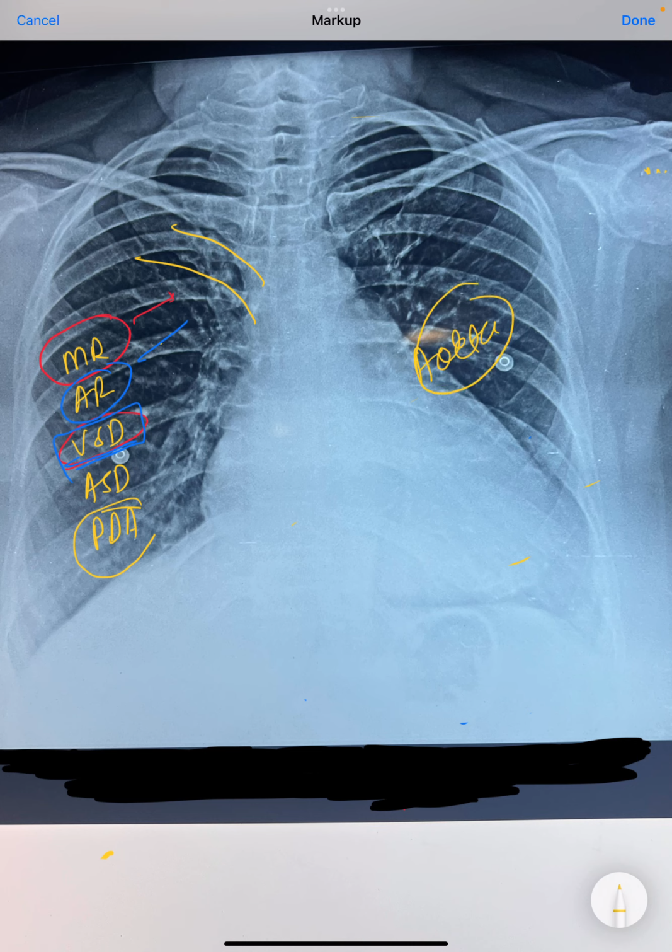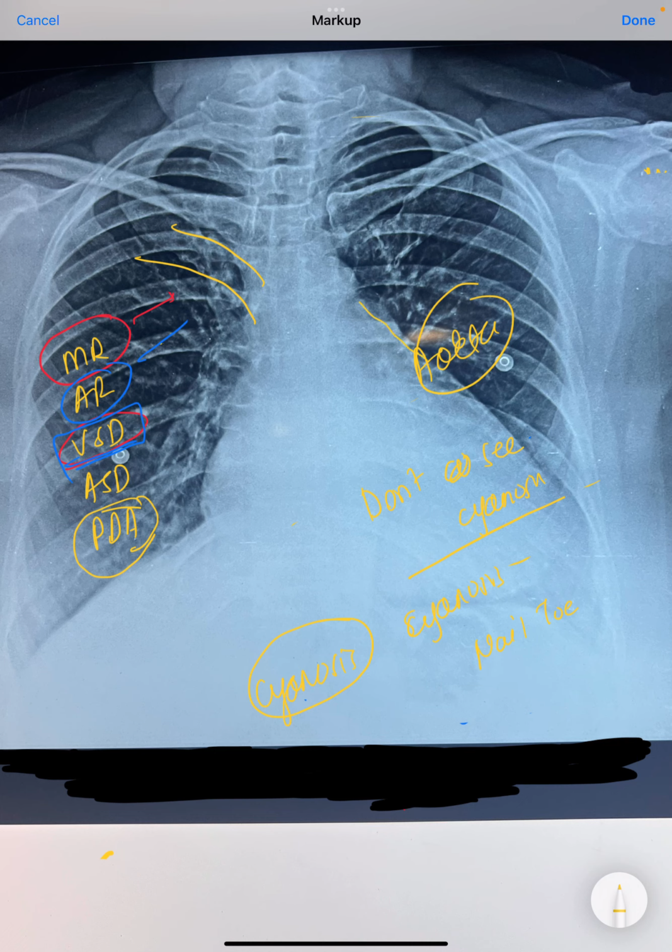So you don't see cyanosis in the hand, but you see cyanosis in the lower limb toes. So if the toe nail shows cyanosis and the hand nail doesn't, it means the chances of the patient having PDA with continuous machinery murmur is very, very high.